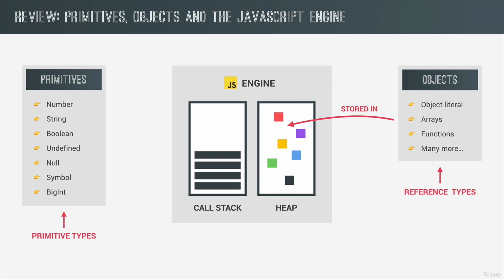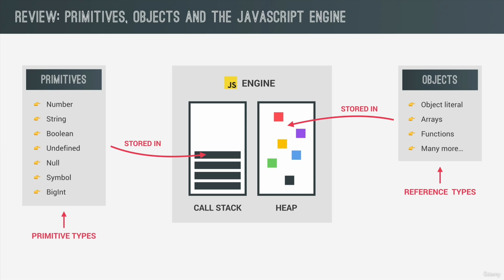On the other hand, primitives, or primitive types, are stored in the call stack. And with that, I mean that primitive types are stored in the execution contexts in which they are declared. But for the sake of simplicity, let's ignore that detail now and simply say that primitive types are stored in the call stack, because that's where execution contexts run.